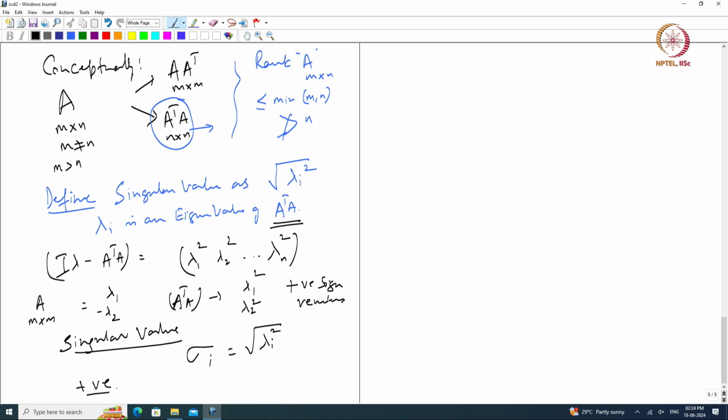Suppose the original matrix had a negative eigenvalue, it does not get reflected in the singular values. Barring this, all other phenomena associated with eigenvalue and eigenvector is preserved. So, these are called the singular values, and we will see how this is getting structured in the diagonalization, and consequently the inverse of a non-square matrix.